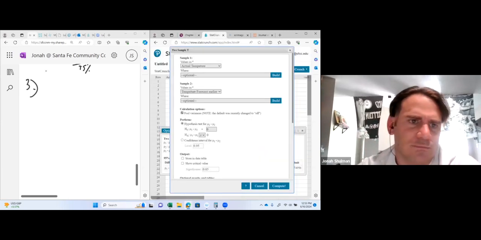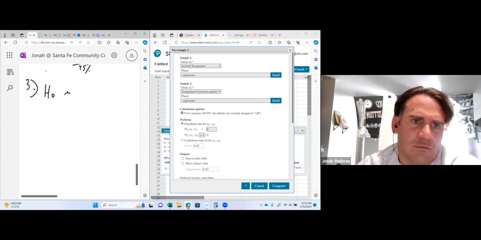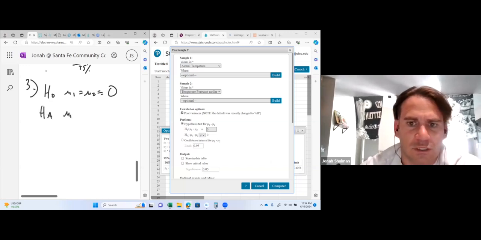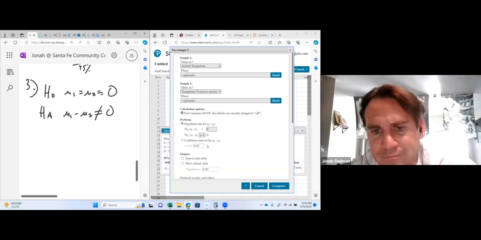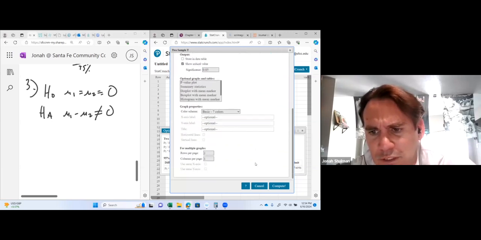So our first one, mean 1 is equal to mean 2, which is equal to 0. There's no difference between them. And our alternative is just mean 1 minus mean 2 is not equal to 0. That's it. Now let's show the critical value. Let's see if we got this right.